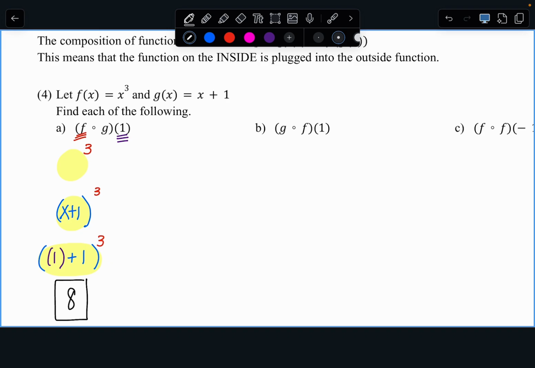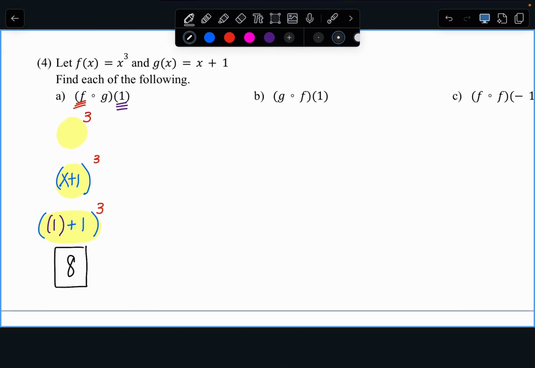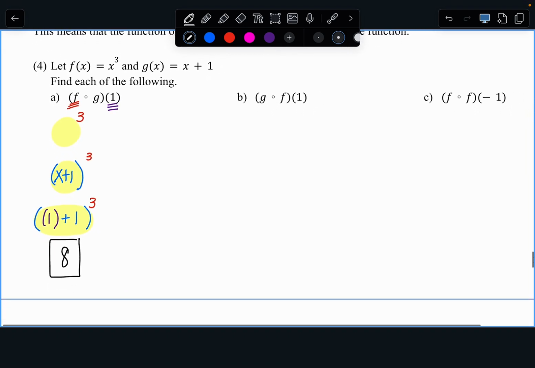All right, let's try it again. That's it for that letter A. Letter B means we start with g, which is x plus 1. Then we take that g and plug in f into it.